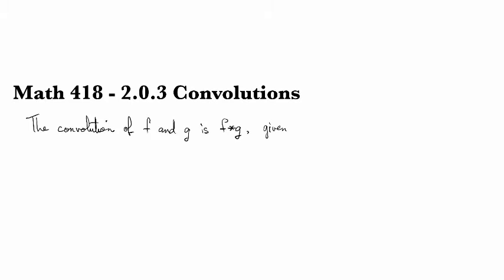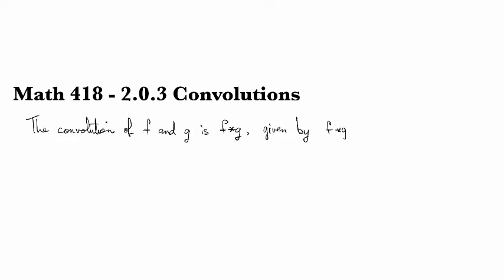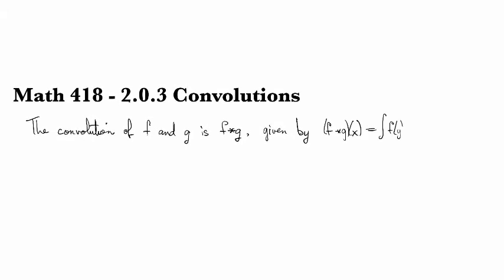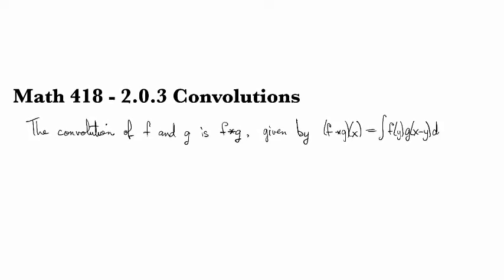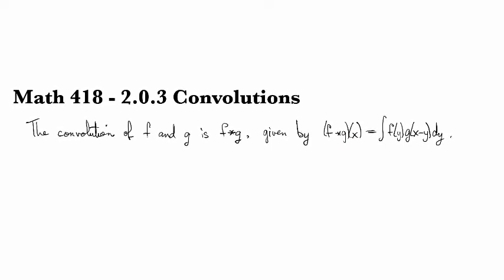And since it's a function, I have to tell you what value it gives to a particular x. And so the idea is that the convolution of f and g at x, the value of it is the integral of f of y times g of x minus y dy. So this is the cross correlation of f of x and g of minus x.